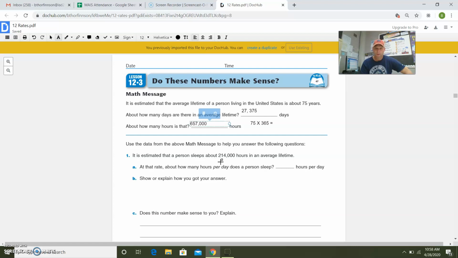Okay, if we tripled it, we'd be pretty close. So what we're saying is 214,000 hours is about 1/3 of 657,000 hours. Well, do you think that you sleep about 1/3 of a day?